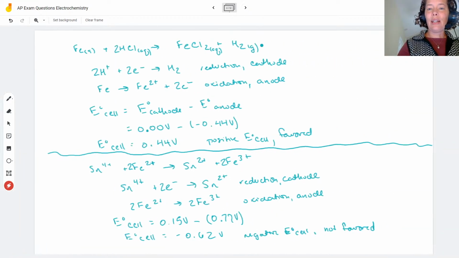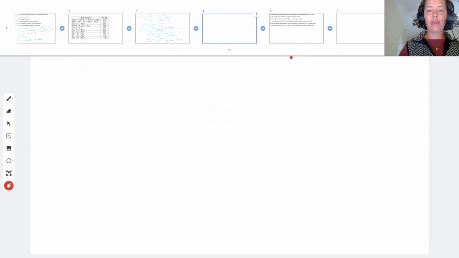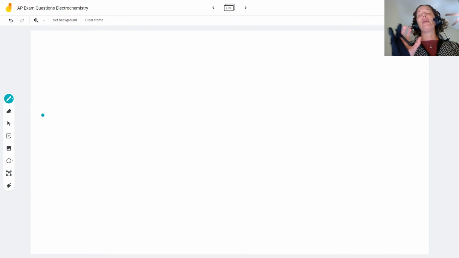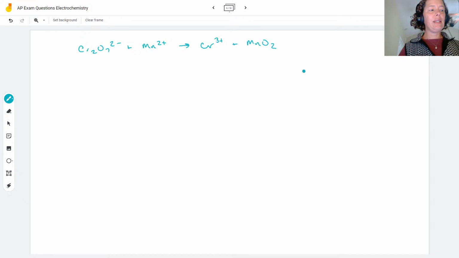I know it feels like a lot, and I'm going to need an extra space here. So extra page. All right, so let's just get our species in the right place on reactant and product sides. So we've got dichromate, and manganese, and this is going to chromium and manganese oxide here.